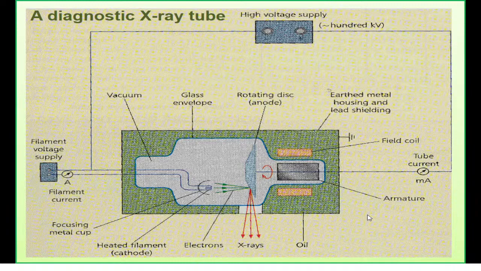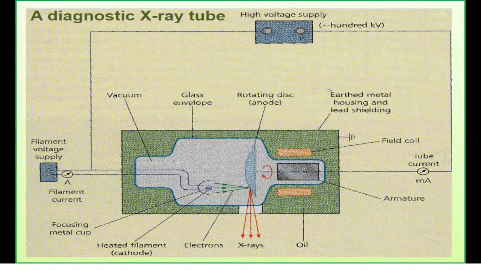So this is just the idea of the generation, and you can see how small is the efficiency of the X-ray tube. Only 1%, or it might be less than 1%.